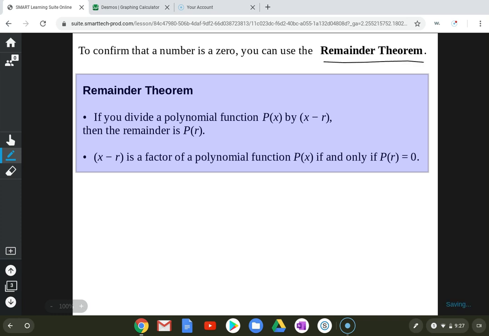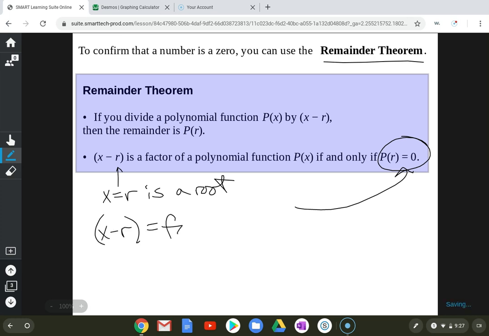So the remainder theorem says if x minus r is a factor, which means x equals r is a root or a solution or an x-intercept or a 0, then x minus r is a factor only if p of r equals 0. So only if you plug the r into your function is your output 0. Then, of course, x equals r would be a root or an x-intercept, and then x minus r is a factor.